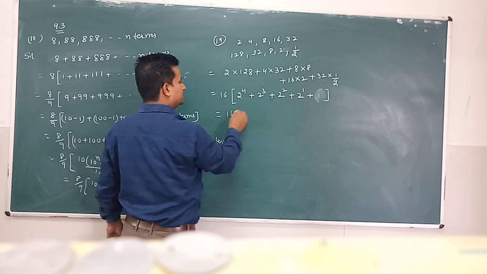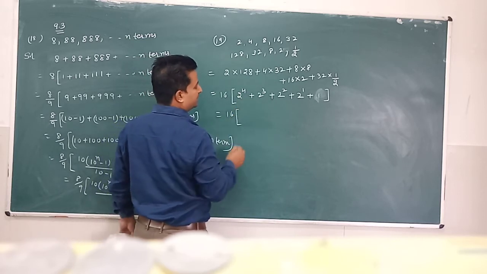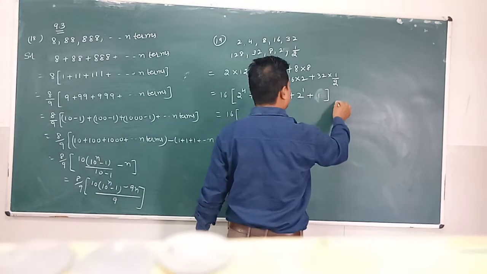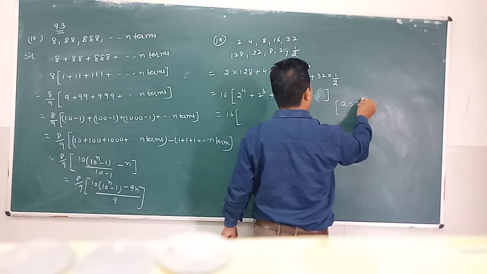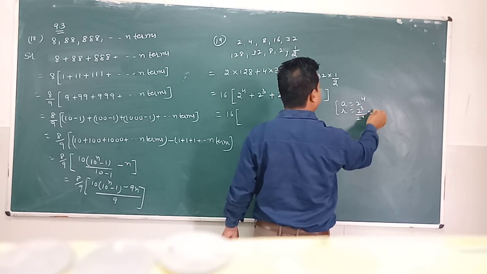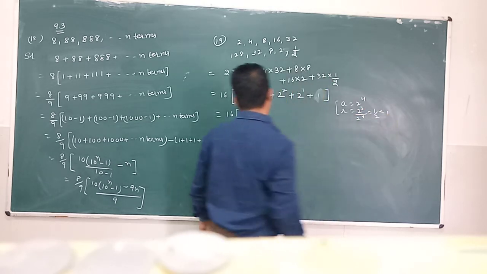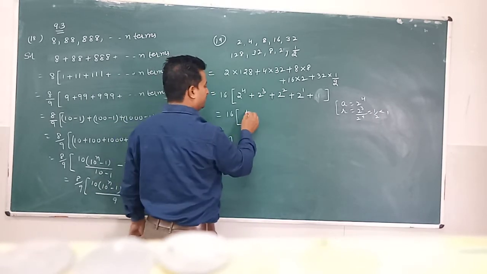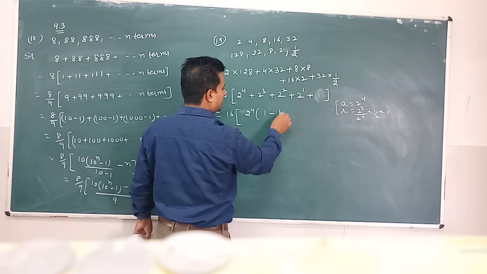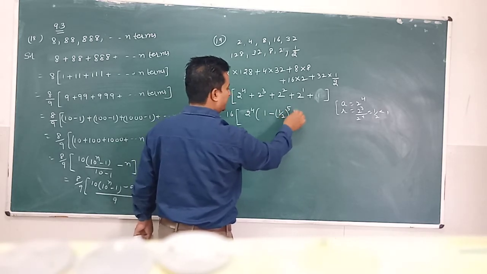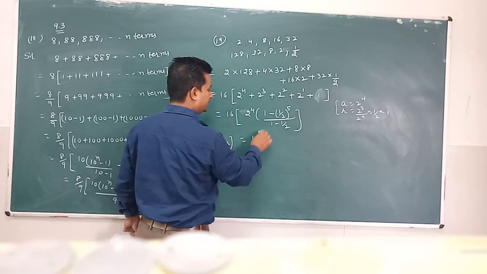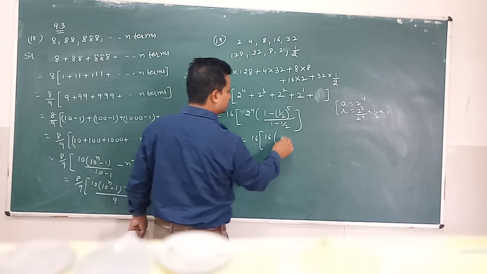So in this GP, the first term is 2 power 4 and the common ratio is 2 power 3 upon 2 power 4, which is 1 upon 2, less than 1. So the sum is a(1 minus r^n) upon 1 minus r. Here n is 5, and 2 power 4 is 16.